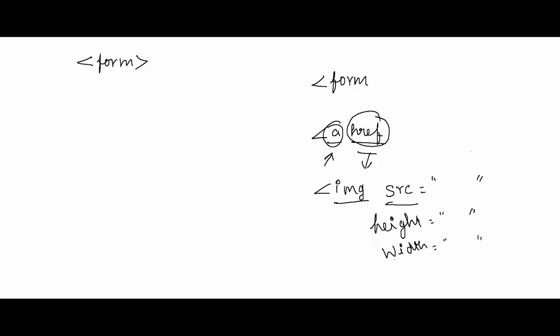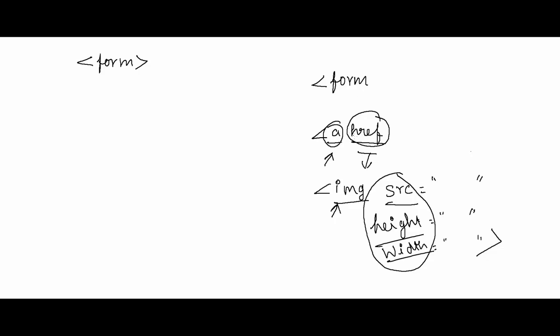These are all attributes, and this is the tag name. So we have several attributes in the case of form and its elements.